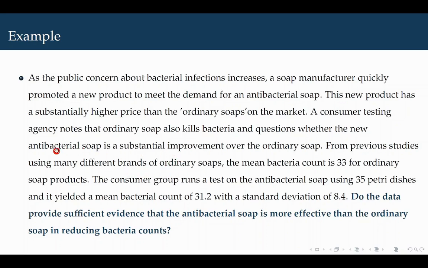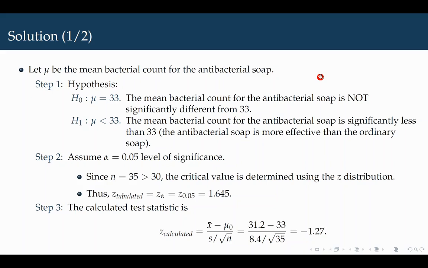And here we are interested in testing whether the new antibacterial soap is better than the ordinary soap. In order for this new antibacterial soap to be better than the ordinary soap, the bacterial count should be significantly less than that of the ordinary soap. So here the population parameter of interest is the population mean bacterial count for the new antibacterial soap.